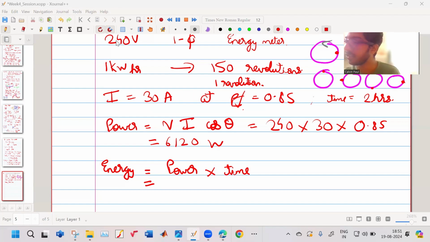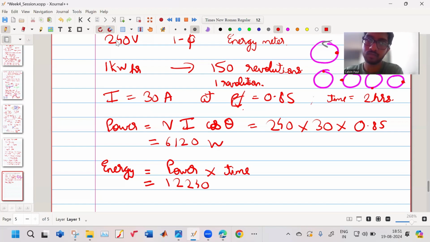Yes, it will be 12,240. What is the unit? This is in watts, so the unit is watt hour. Yes, it is watt hour.